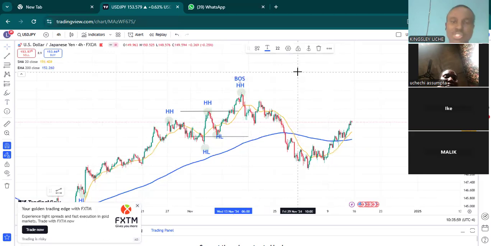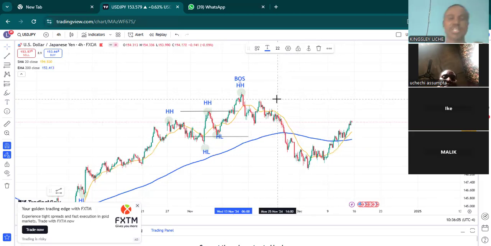That's still the fourth step of the first phase of this strategy. Now we are looking for the change of character.